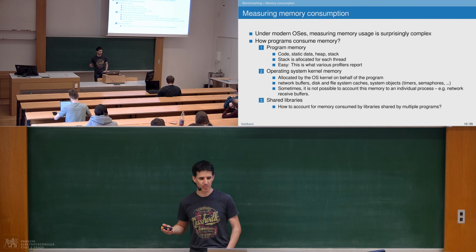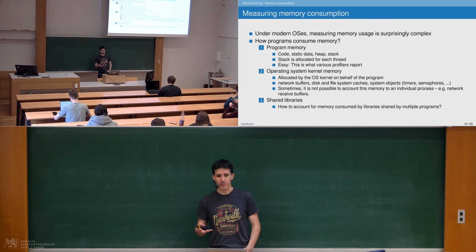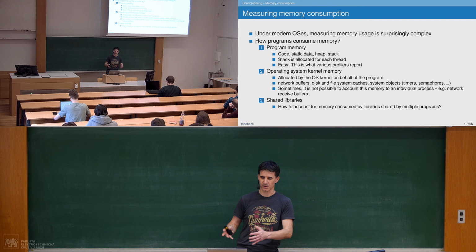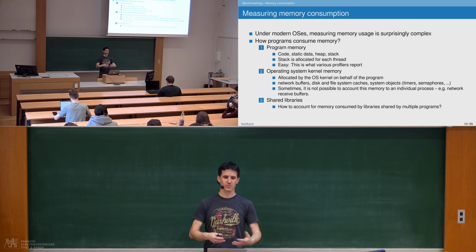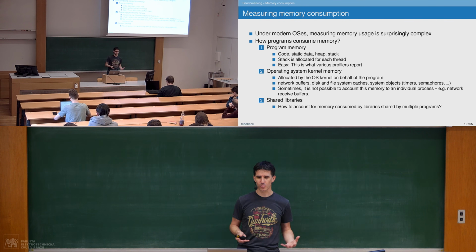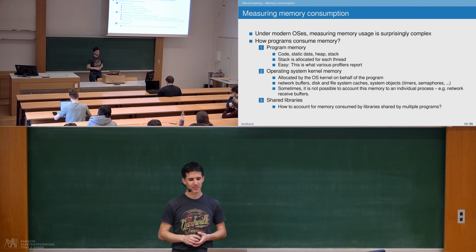A typical example is networking. Whenever you do networking, there are memory buffers for handling received and sent data from the network. And this memory is not allocated inside your program, it is allocated inside the operating system kernel.